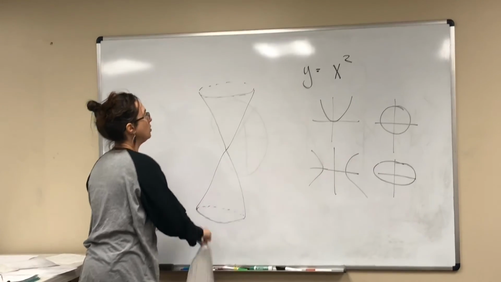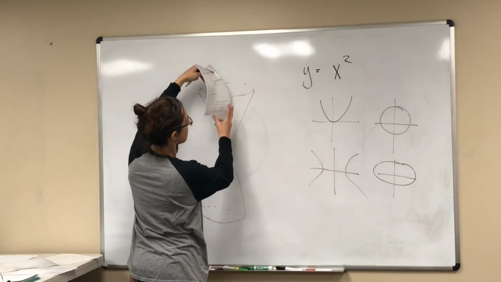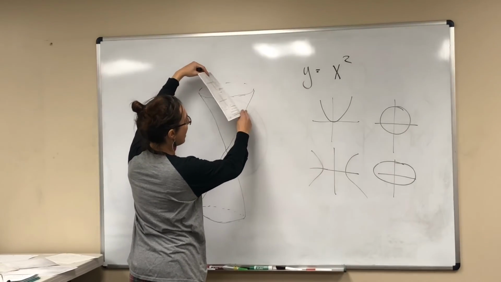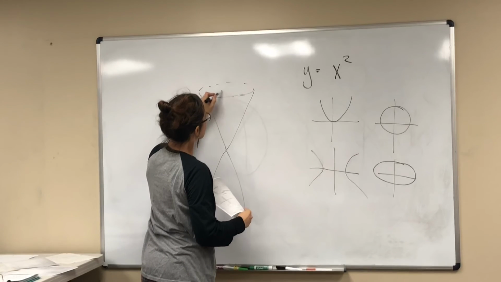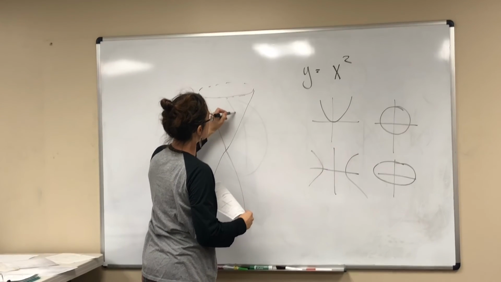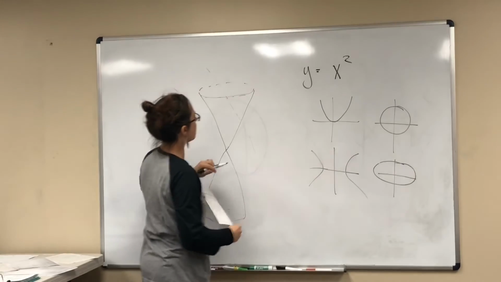If I go through the cone, through the top, and out one of the sides, okay, the angle that it goes through the cone is like this, okay? So we're going out the side.